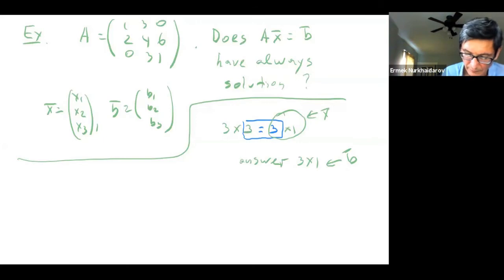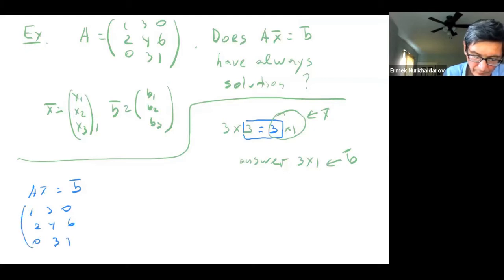Anyhow, let's start working. So we write A times X equals B. We write 1, 3, 0, 2, 4, 6, 0, 3, 1 times x1, x2, x3 equals B1, B2, B3.